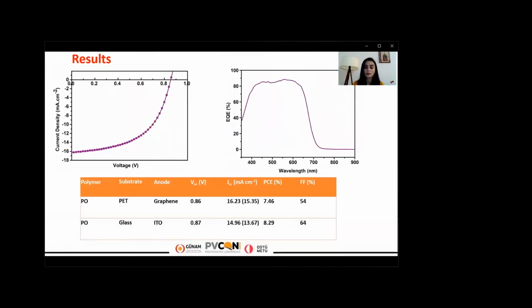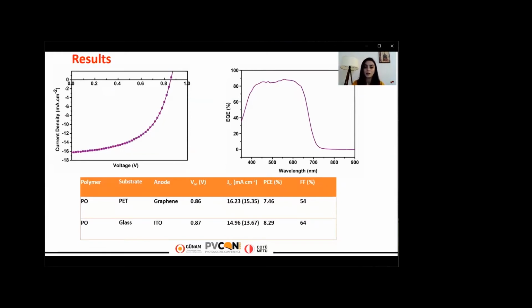Well, these are our results: IV and EQE characteristics. In this table, we compare the results from polymer solar cells with different anodes, PET and graphene, and glass and indium tin oxide. As you see, the VOC values are the same and close, and their power conversion efficiency is also close, while our fill factor is lower than the indium tin oxide ones, but because of high current density, we get a good power conversion efficiency.